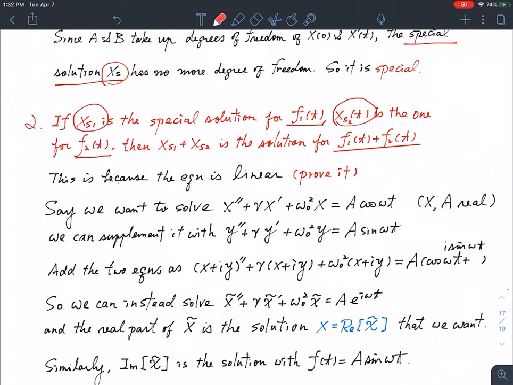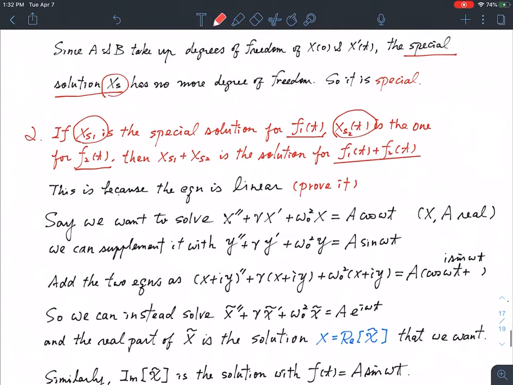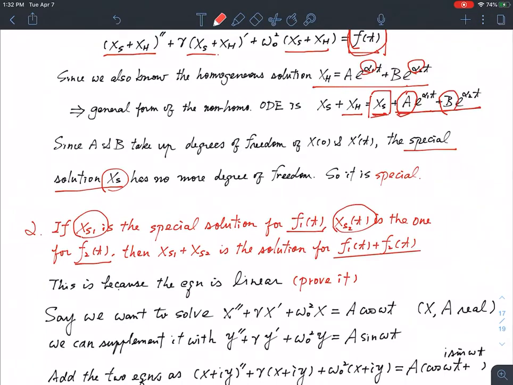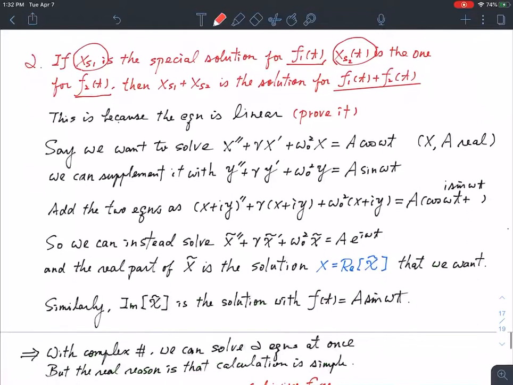Again this is because the equation is linear. You can write down the equation for F1, write the equation for F2, and add the two equations together. You can show that XS1 plus XS2 will also be the solution if the total force is given by the sum of the two forces.